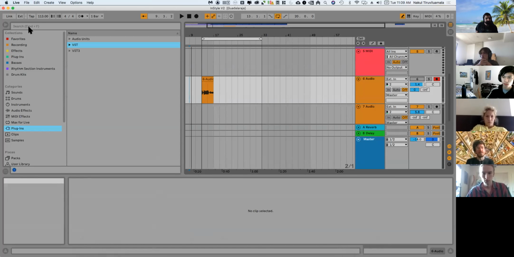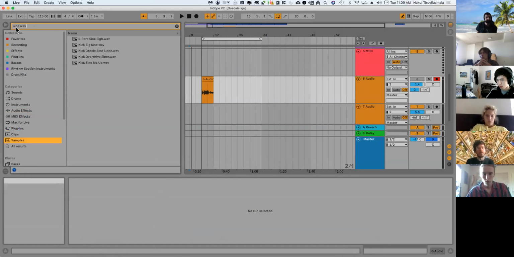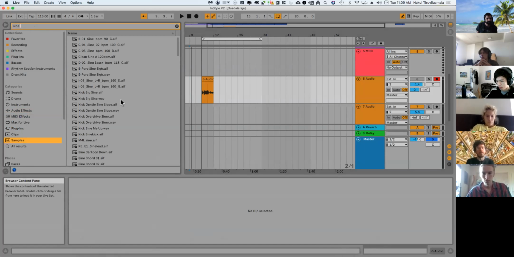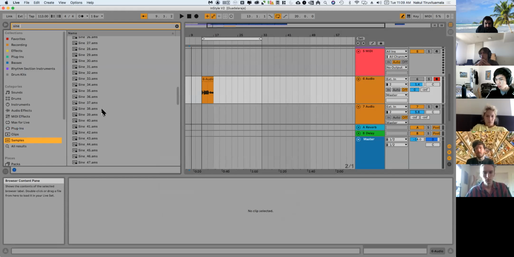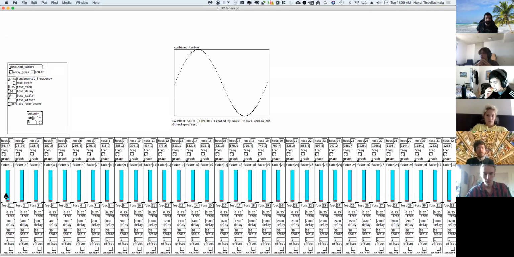So let me actually pull up a sine wave. You know what? I can do it a different way. This is a sine wave.